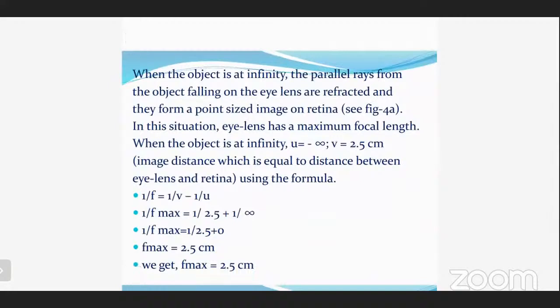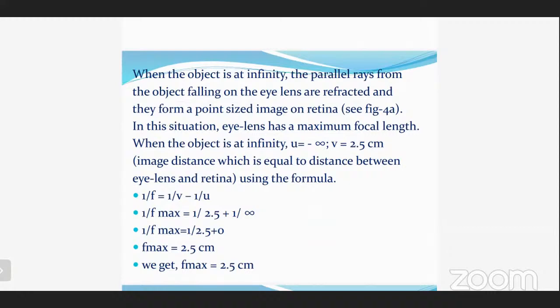If any distance is below the principal axis, we take that value as negative, and above the principal axis, it is positive. Just rewind the three points of sign convention. Based on that sign convention, we use u as minus infinity here.